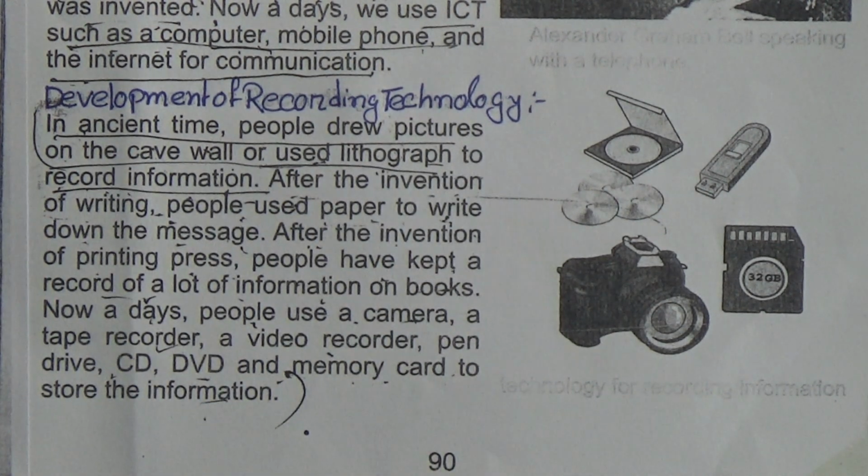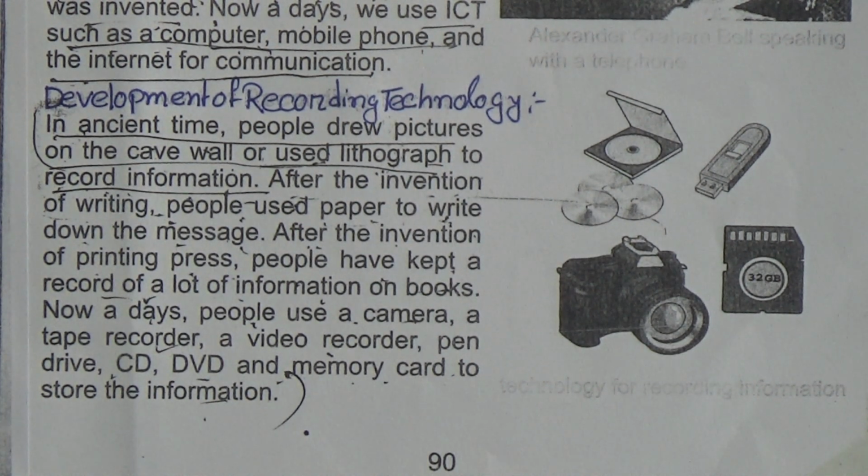To store the information, like your birthday, when you were born in this world, your exact date and your exact year, in the ancient time they wrote on the cave wall with the help of stone. After that, when the people invented paper, they wrote on the paper and collected the information there.